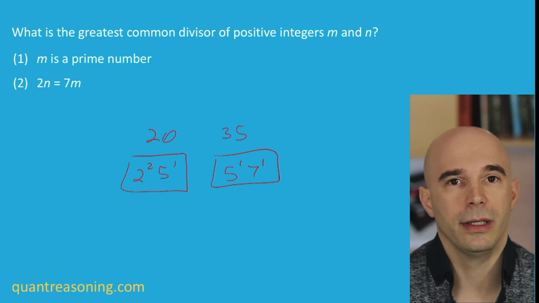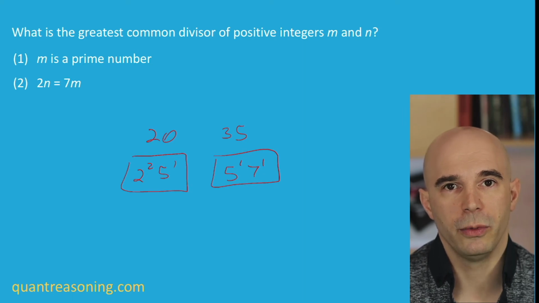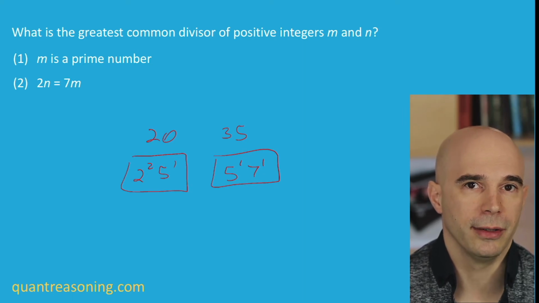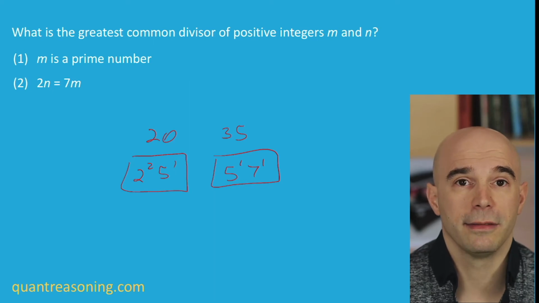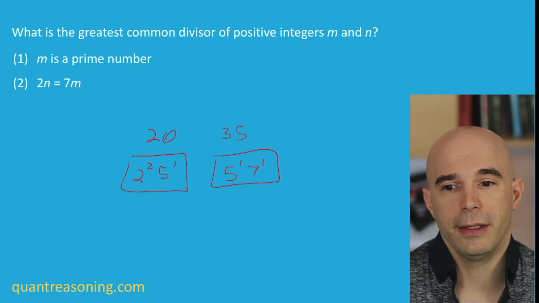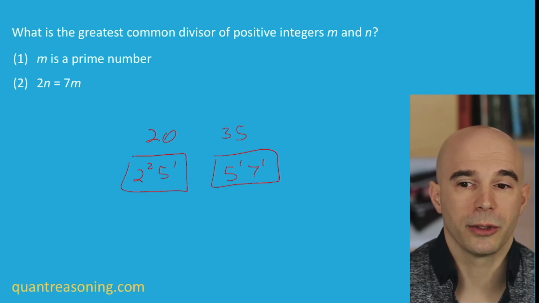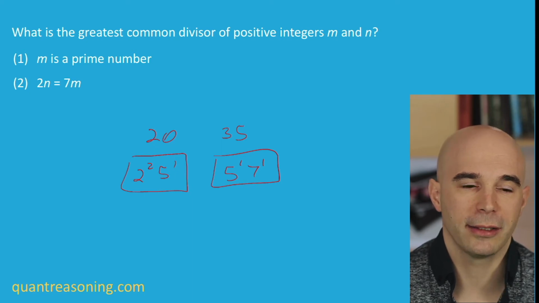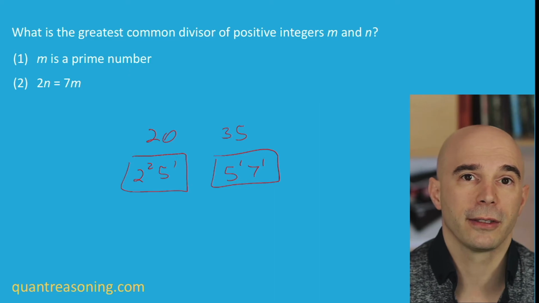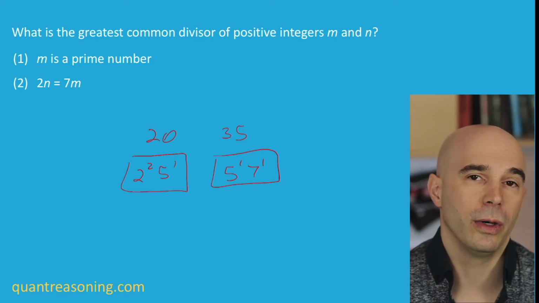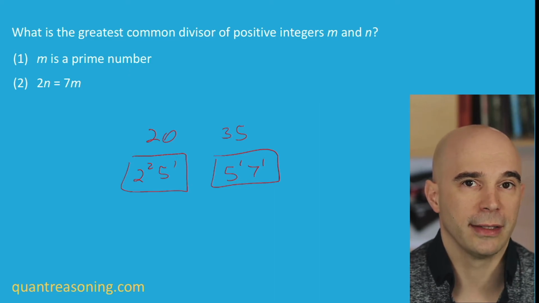So going back to a metaphor that I gave a few weeks ago about the clothing store that sells jackets of different sizes, and each prime number is a jacket size that's available, then for 20, the store has 2 jackets size 2 and 1 jacket size 5. And for 35, the store has in their inventory 1 jacket size 5 and 1 jacket size 7.